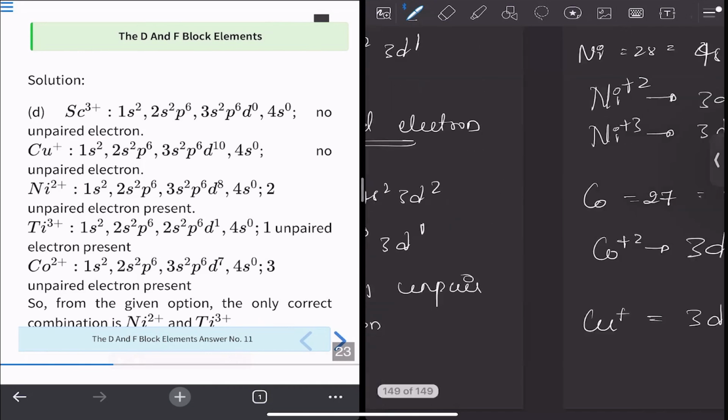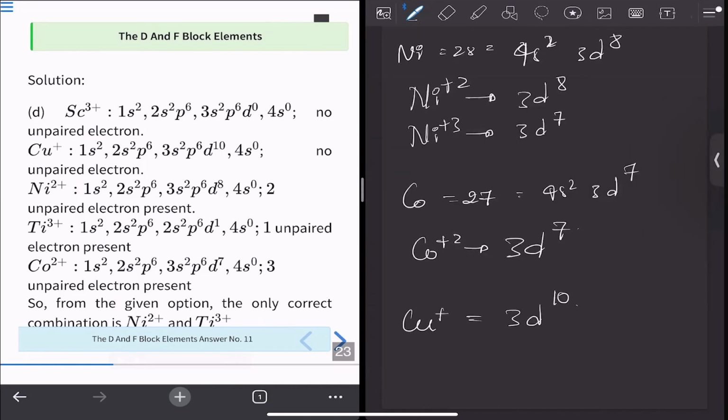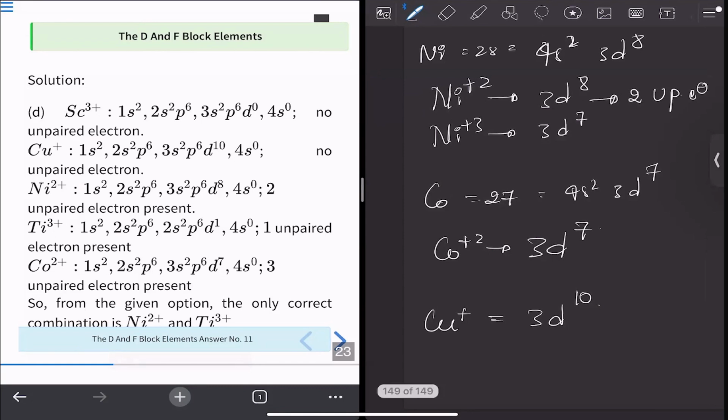In the case of nickel plus 2 and nickel plus 3, in nickel plus 2 there are two unpaired electrons. In the case of nickel plus 3, also there is an unpaired electron. In the case of cobalt plus 2, there are three unpaired electrons. How about cobalt plus 3?